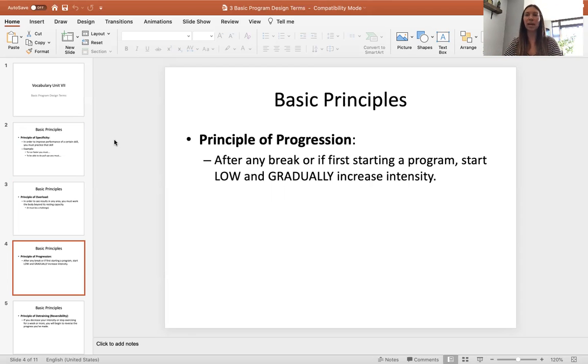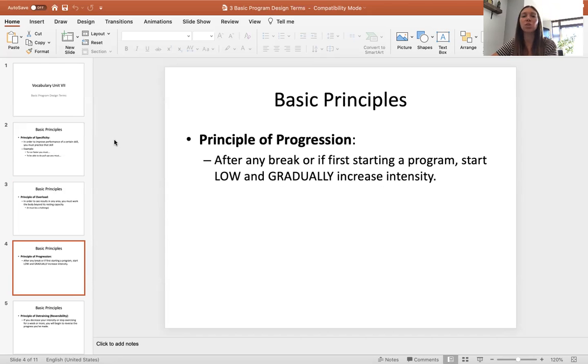Remember, we talked about last week, if we jump into a workout and we haven't done anything those first 6 weeks, a lot of injuries occur. This is what happens if we don't do the principle of progression properly. If we are doing really well one day and then the other day we just decide to up the intensity like crazy, you're going to either hurt yourself or overstrain your muscles, and if you continue to do this poorly, it's going to lead to overtraining, which is a whole other thing that we will talk about.